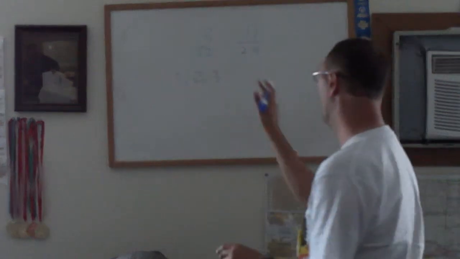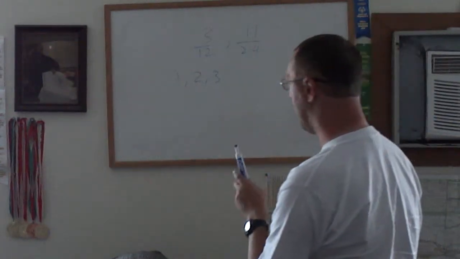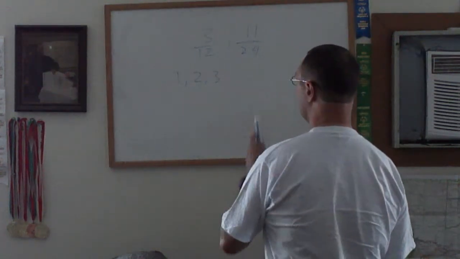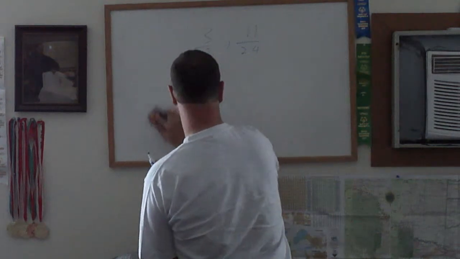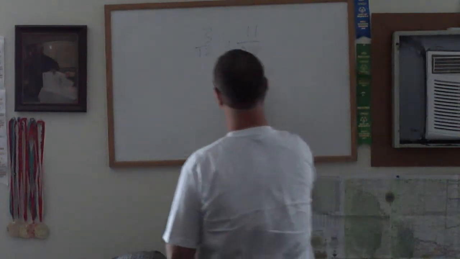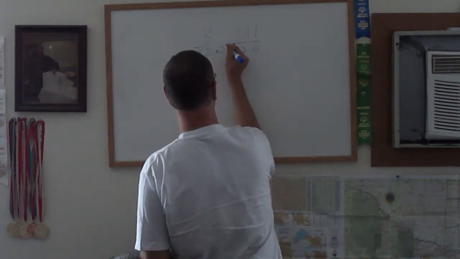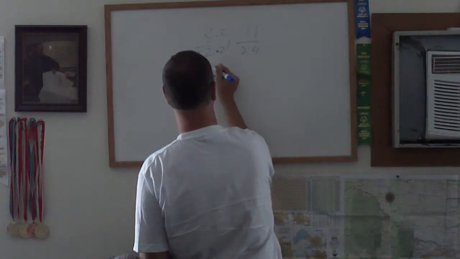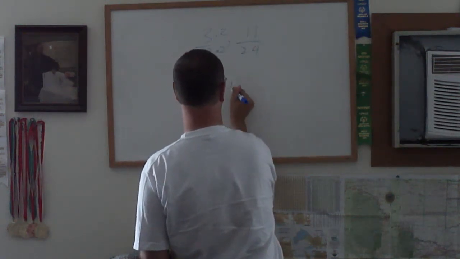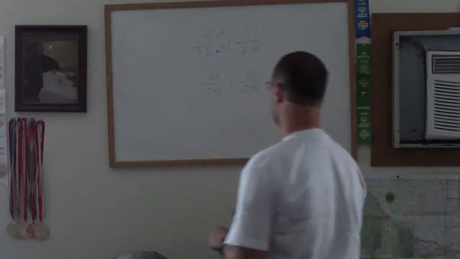I take 2 once again as the least common multiple of 12 and 24 because 12 times 2 equals 24. So we go again 2 times 2, so we got 6/24, comma 11/24.